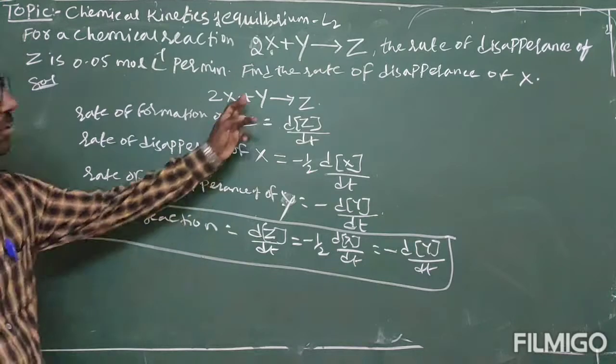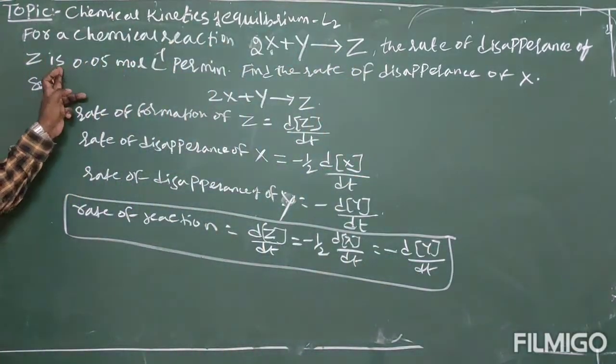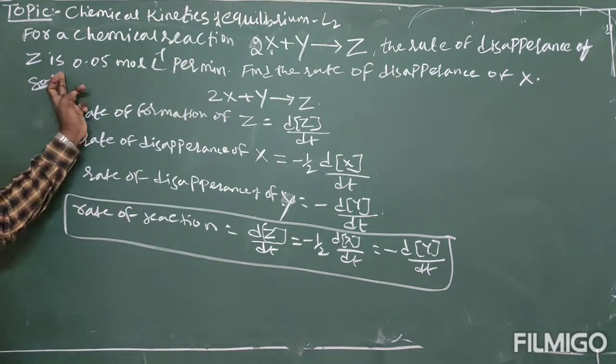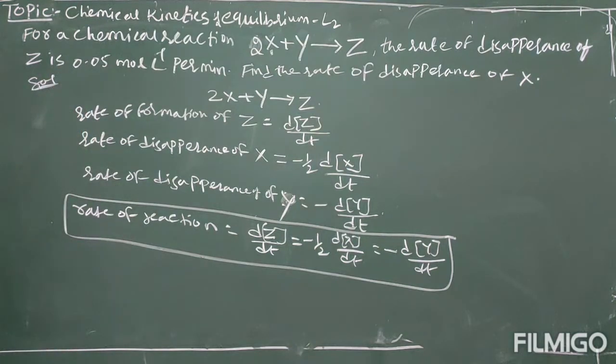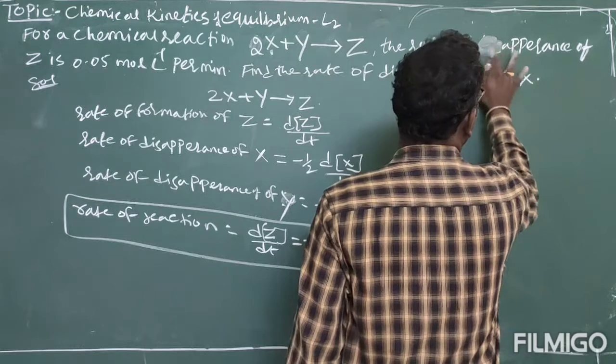What he asked you is the rate of disappearance of x. What is given? The rate of disappearance of z. See, it should not be disappearance, it should be appearance. It is a printing mistake.